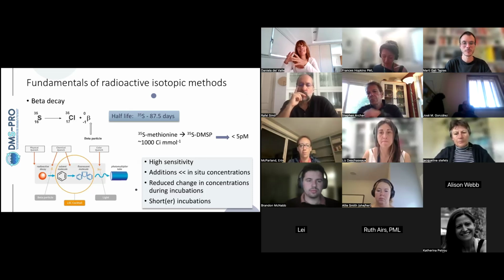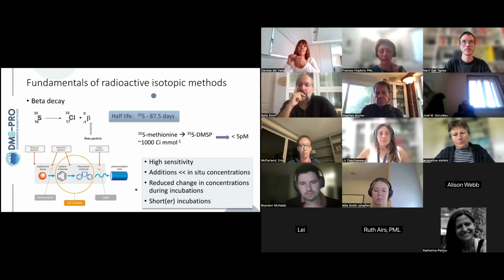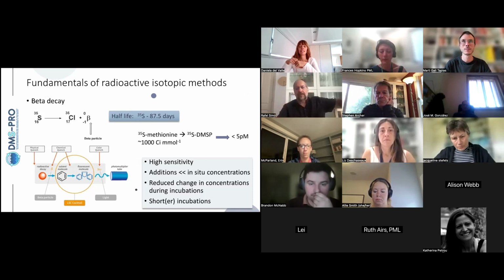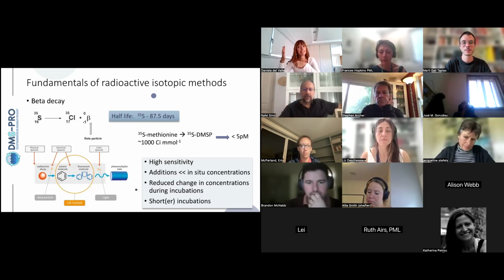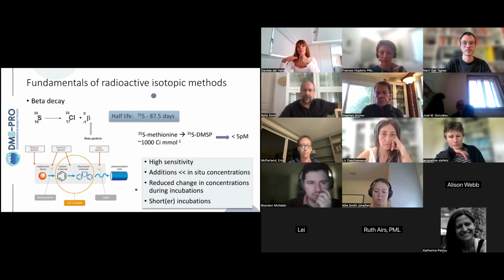The specific activity tells you the amount of radioactivity that you have per mole or per millimole of your chemical. So the higher the specific activity, the less isotope you need to add to achieve a detectable signal, and that means that you don't have to modify your in situ concentration much.